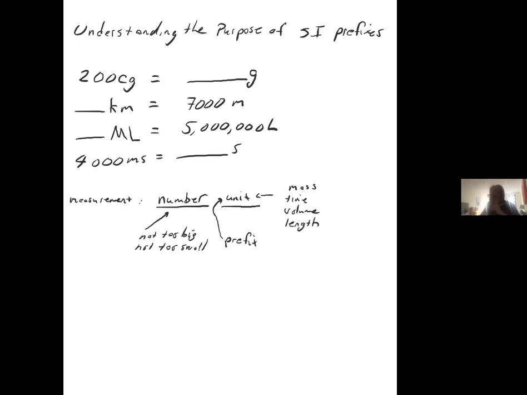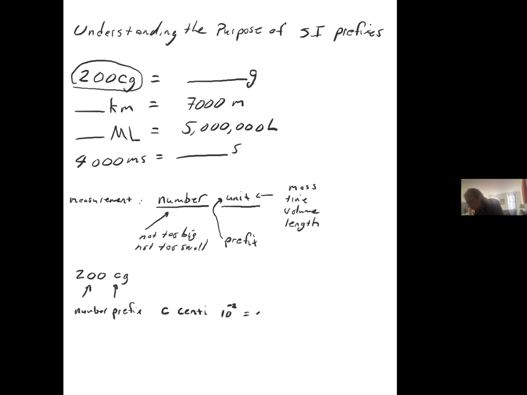Okay, so let me show you an example of that. 200 cg. So let's dissect that number. 200 is just a number. This is the prefix right here, the C. And the C is centi. And remember I said it's 10 to the minus 2, which is 0.01. So that's the prefix.